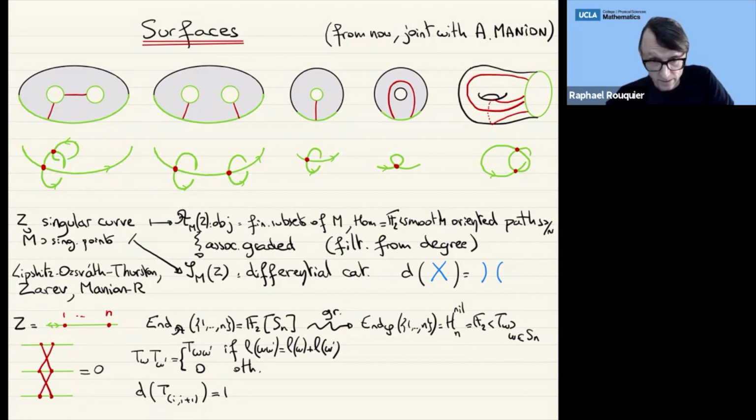And on this nil Hecke algebra, we have a differential that sends the generators of your Hecke algebra to 1. So you can do that for any Coxeter group. If you take the Hecke algebra, you put parameters so that the generators square to 0. This algebra has a differential where you send the generators to 1.